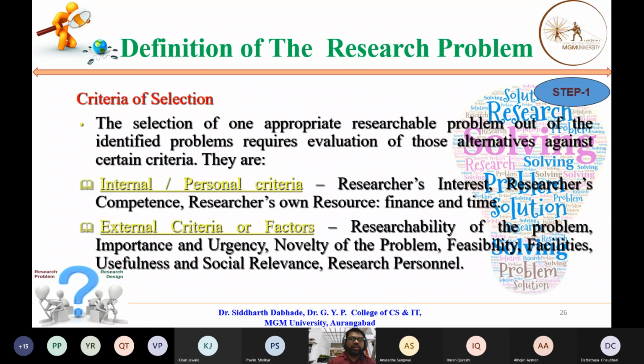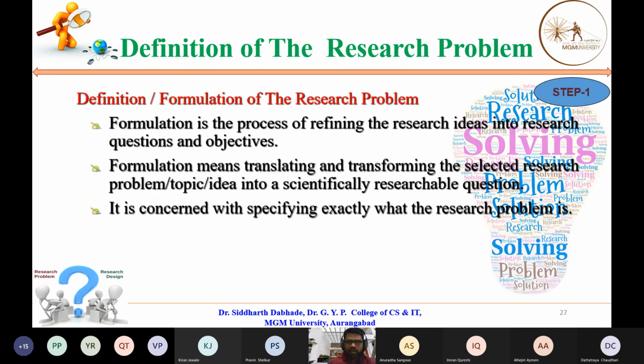Research may be in one person. Whenever you are going to select your appropriate research work, it may fall under these two categories in terms of the factors you need to decide. When you are trying to formulate your research work, you need to decide your objective.